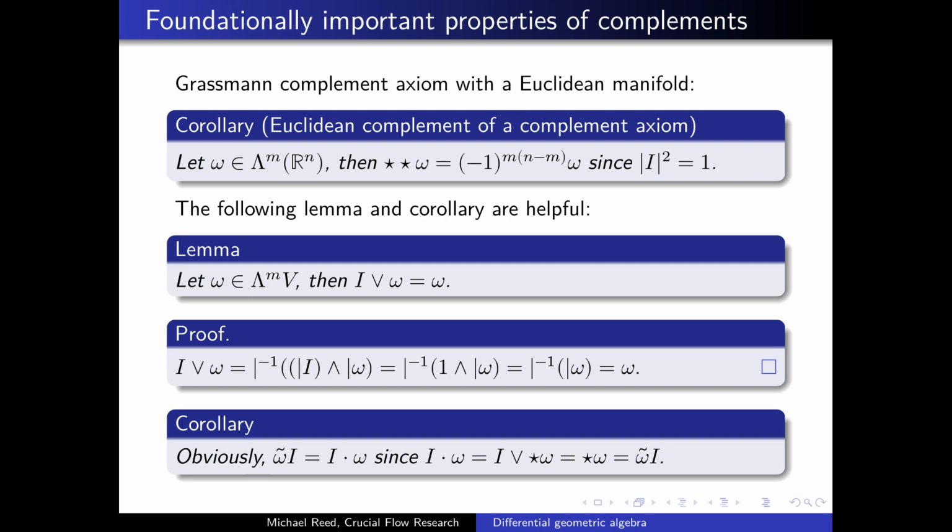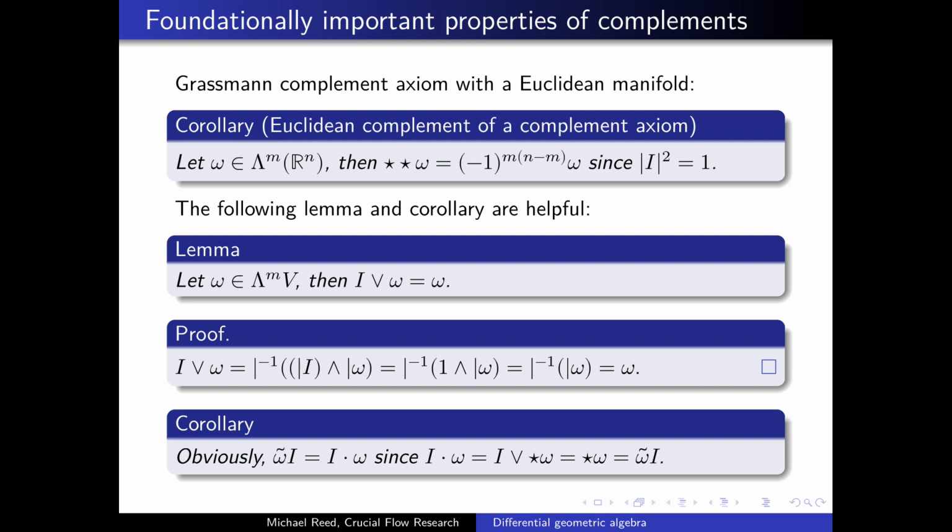Now another obvious corollary is that the reverse of omega times a pseudoscalar equals the inner product of I times omega, since I times the inner product of I and omega equals the regressive product of I and star omega, or the Hodge complement of omega.